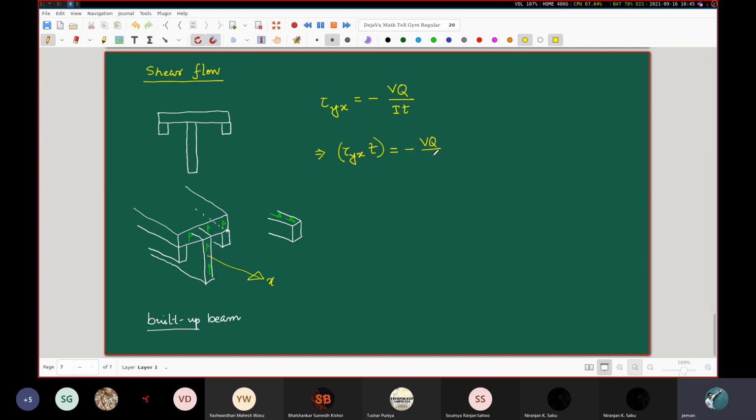This is going to look like minus VQ by I. Now, this thing, you understand, has the dimension of force per length. So it is something like this, that you have the tau yx here and you are multiplying it by the thickness here. So what you are obtaining really is the force per unit length which is parallel to this x direction. So the per unit length, that length is along this x direction. So this force, this is the force per unit length.